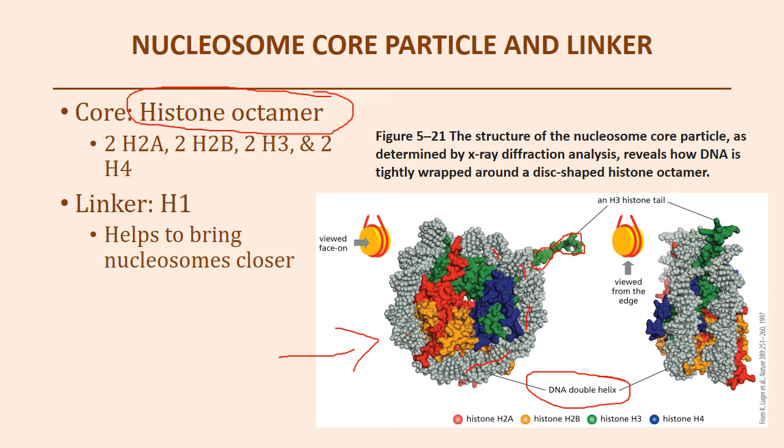And then to make sure that we keep a distance from one nucleosome to the next, you're going to have the linker histone H1 come into play. Now, the linker is going to be important because it turns out that H1, as well as other non-histone proteins, will go ahead and interact with the nucleosomes.